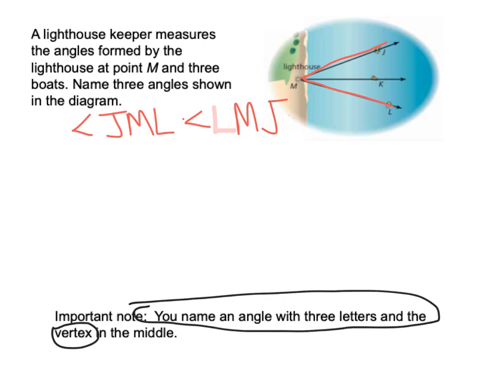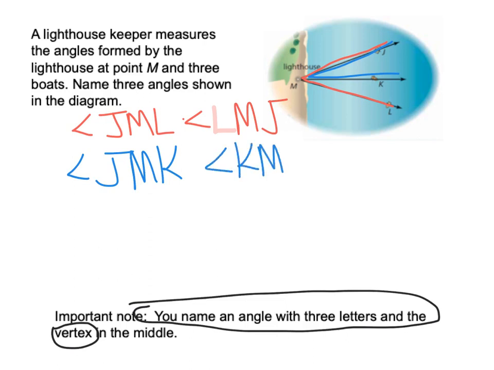That's the big angle. Then, there's a smaller angle here. That's called angle JMK, which also could be called angle KMJ. And then the third angle we could look at is this other one. That's KML. Then I want you to think about how else you could rewrite that instead of KML, with the vertex still in the middle.